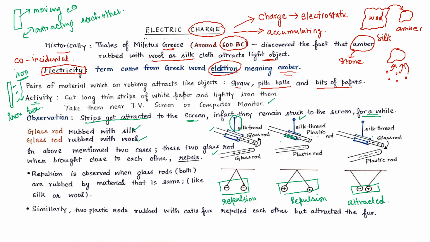Okay, so pay a little attention. So what we are having: wool, silk, and a plastic rod and a glass rod.